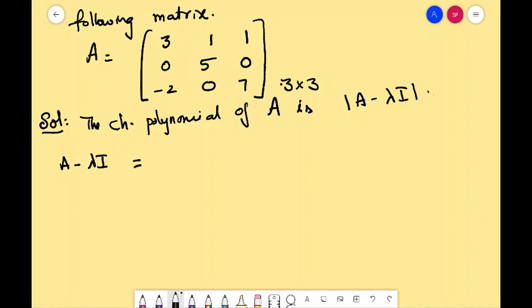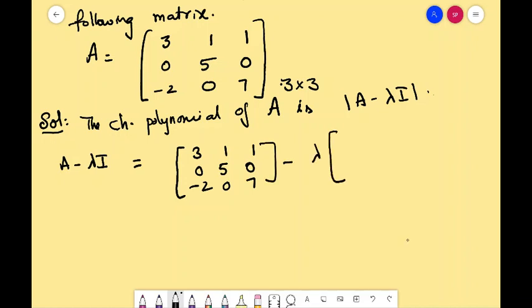A minus lambda I is nothing but the matrix A, 3 1 1, 0 5 0, minus 2 0 7, minus lambda into, since it is a 3 by 3 matrix, a 3 by 3 identity matrix, 1 0 0, 0 1 0, 0 0 1.